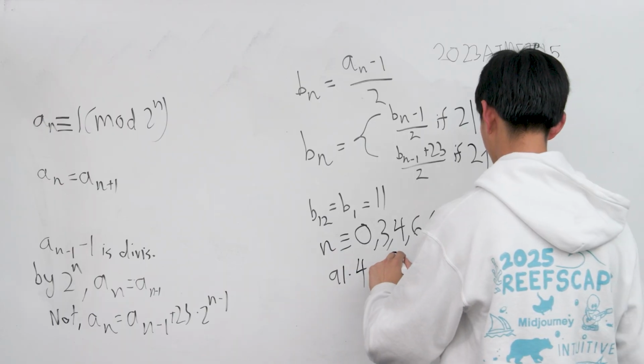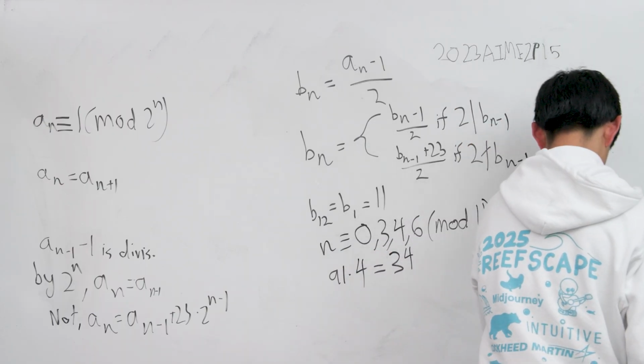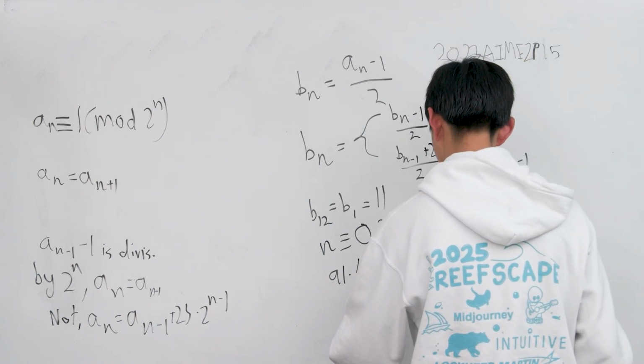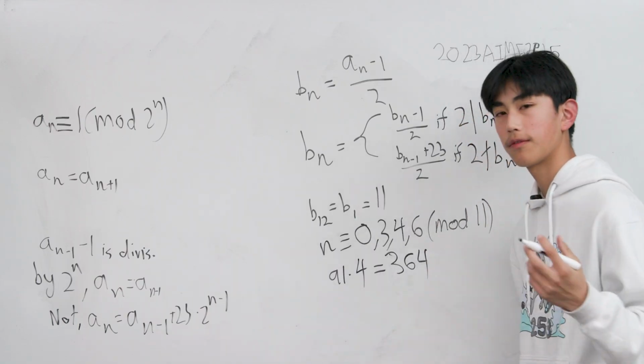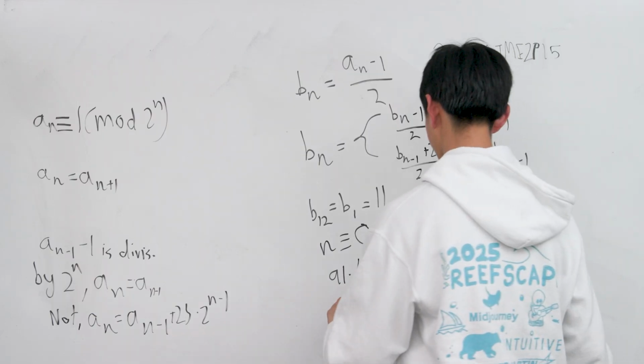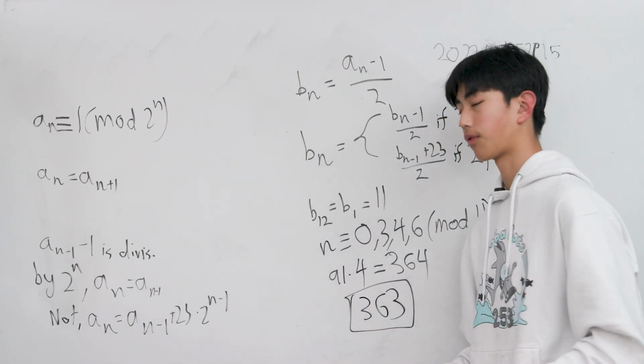So we have 364, but we have to subtract 1 because we overcounted by 1. That brings us down to 363, which is the answer for this problem.